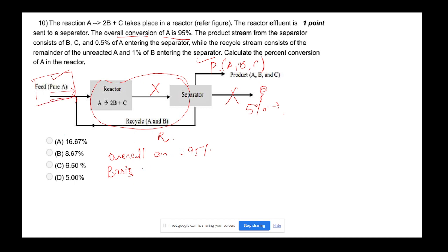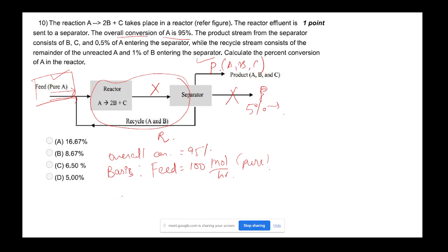basis. So let's say the basis is feed of 100 moles per hour, or you can take 100 moles also. For a continuous process, it is better to write it in the form of flow rate. Now since feed is 100 moles per hour, and since it is pure, entire feed is A. Now 95% is converted.